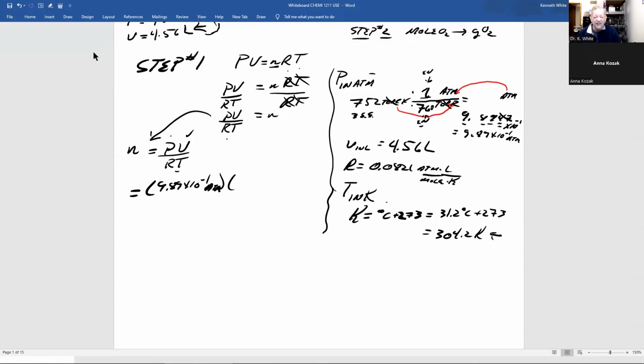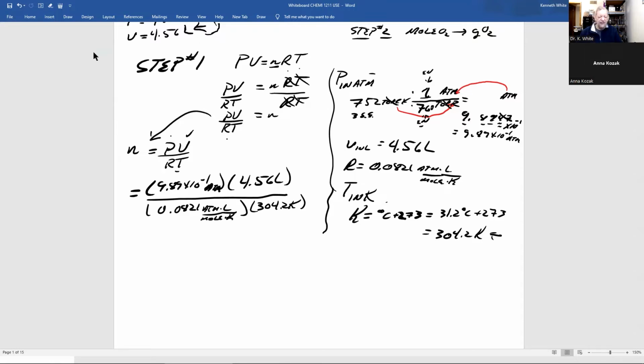All right, volume is 4.56 liters. And then R at the bottom, let me do this right, 0.0821 atmospheres liter per mole Kelvin. And T is 304.2 Kelvin.